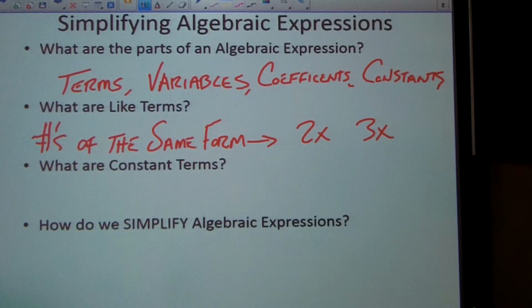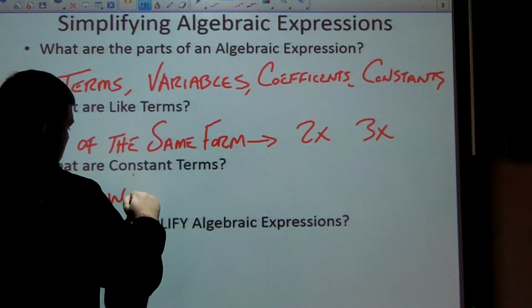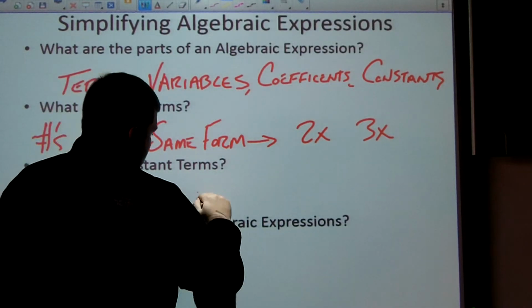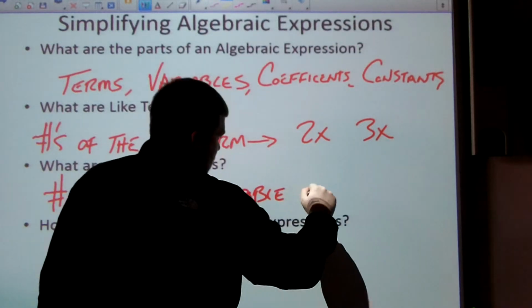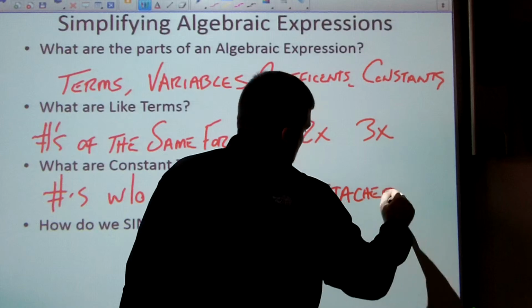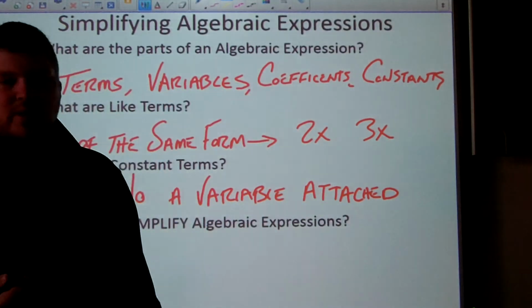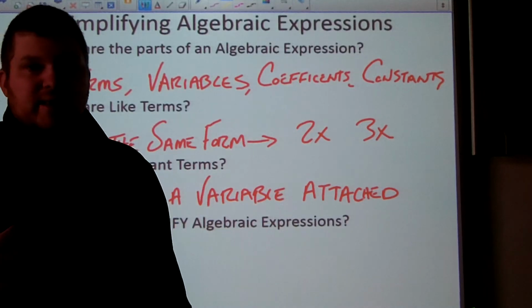Now, what are constant terms? Well, we just talked about that. So numbers without a variable attached. If you think about what the word variable means, variable literally means changing, okay? It's able to change dynamically.